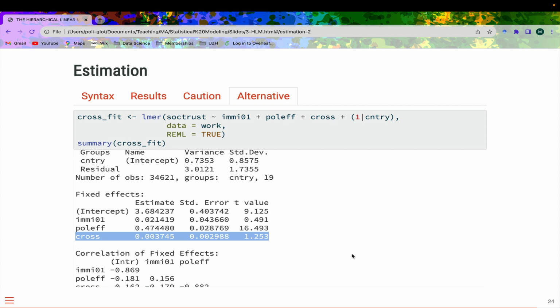So the effect of efficacy is not greater or weaker as a consequence of having a lot of immigrants. We know that because the T statistic is not statistically significant here. This is well short of 1.96. And for immigration, it's also well short of what we would normally associate with statistical significance.